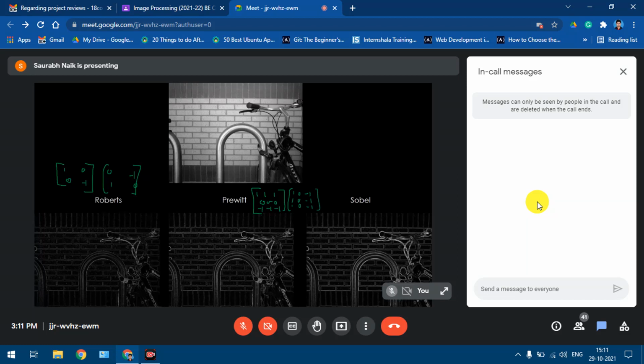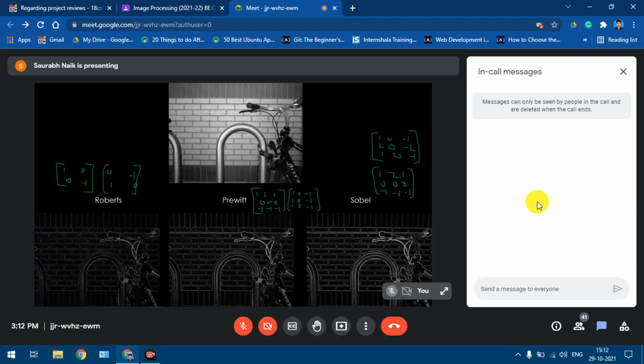And Sobel is 1 2 1 0 0 0 minus 1 minus 2 minus 1, and the corresponding second matrix.